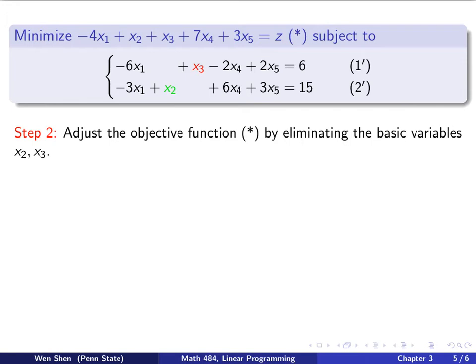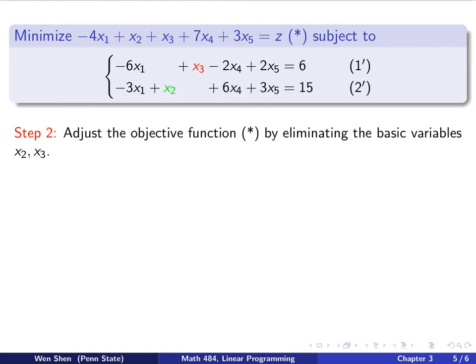Step 2, the goal is to rewrite the objective function also into the canonical form. So we want to write it in terms of non-basic variables only. We want to eliminate the basic variables, namely, we want to get rid of x2 and x3 in this equation.